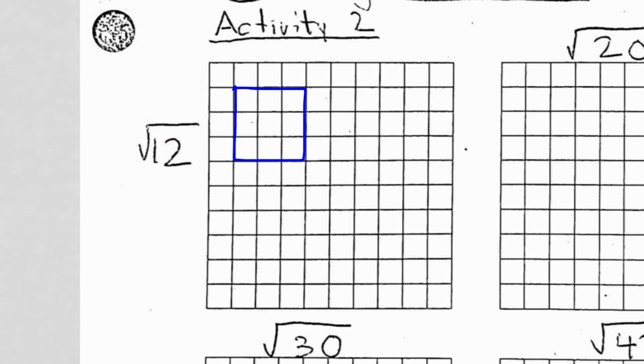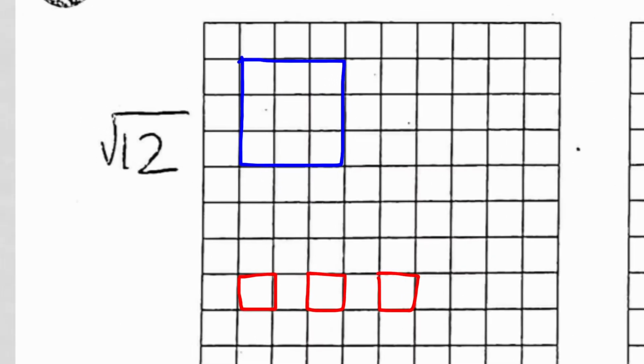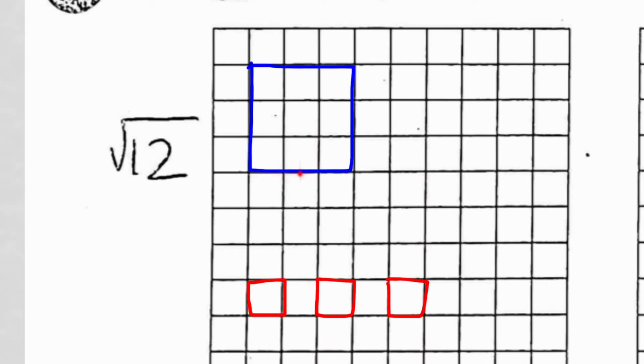That means I have 3 squares left over that I need to somehow add to this shape to give it an area of 12. Well, I notice this: side length 3, side length 3. I could take these remaining 3 squares that would make this shape have an area of 12, and I could cut them in half.